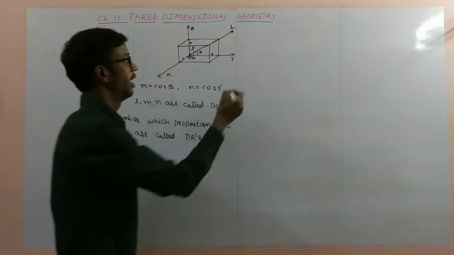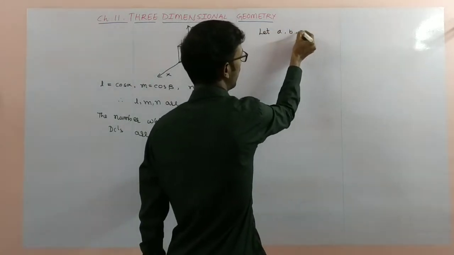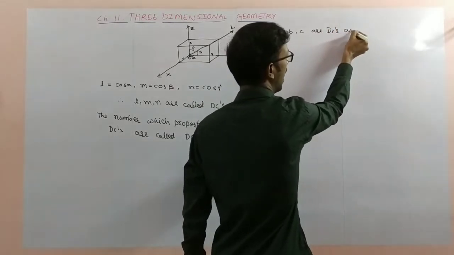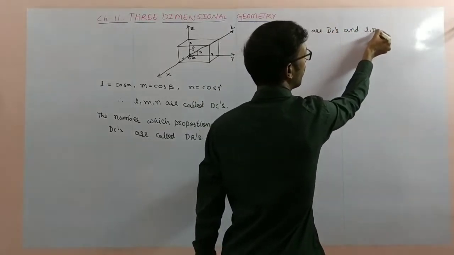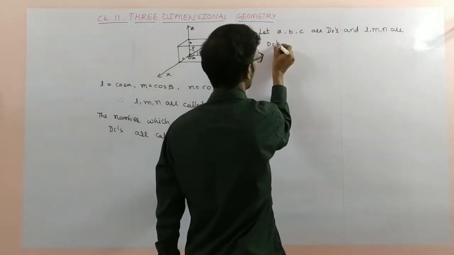Next, let a, b, c be direction ratios and l, m, n be direction cosines.